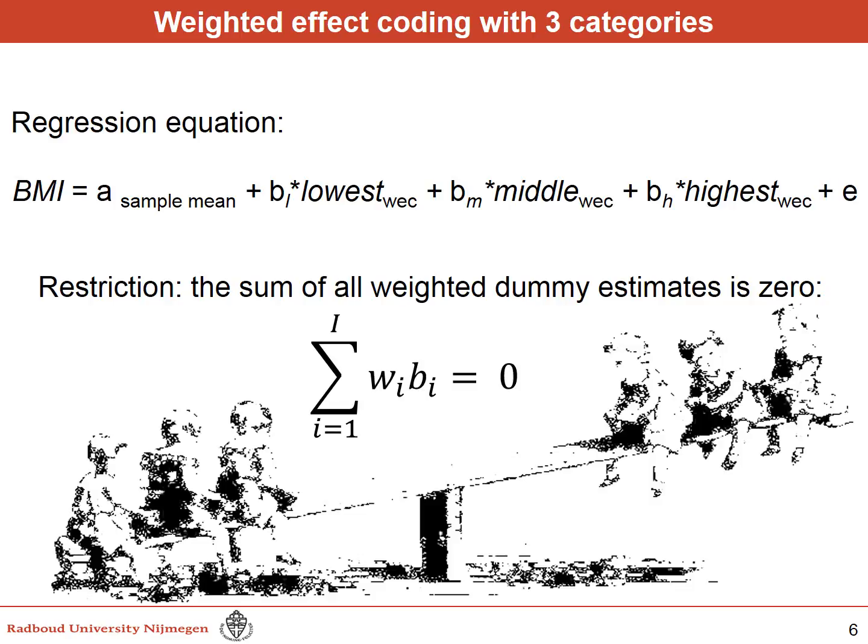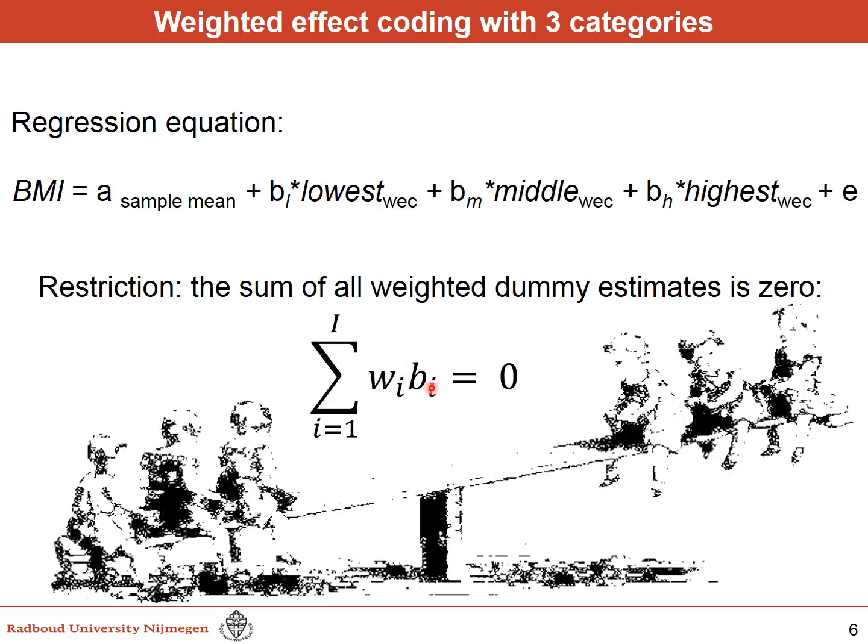But weighted effect coding uses a restriction that says that if we take the sum of all weighted parameters, meaning that we weighted the parameters with the number of observations, then if we do so, we'll get 0.